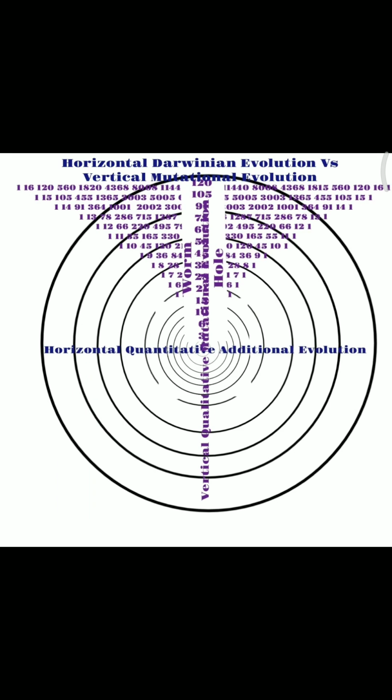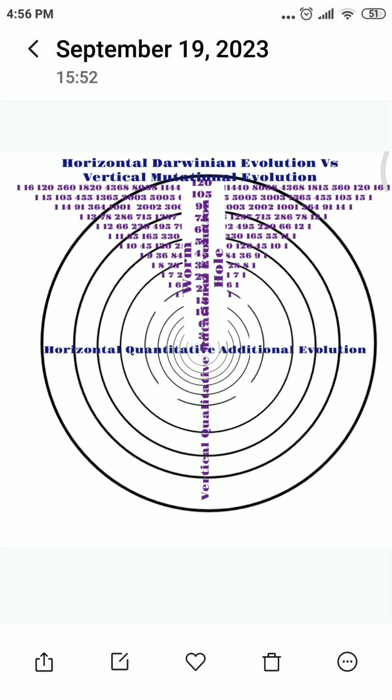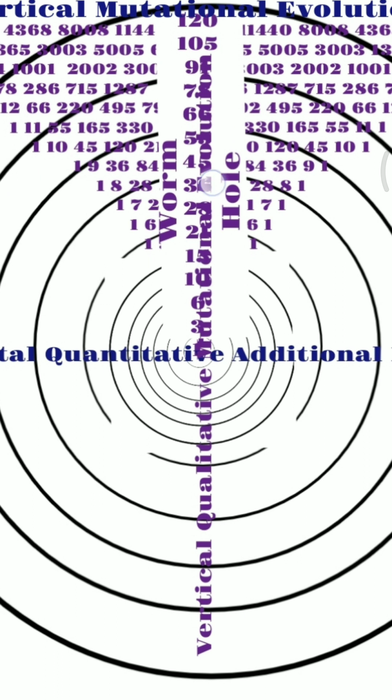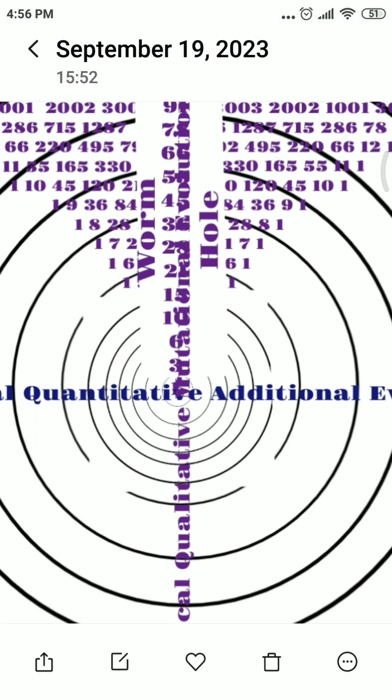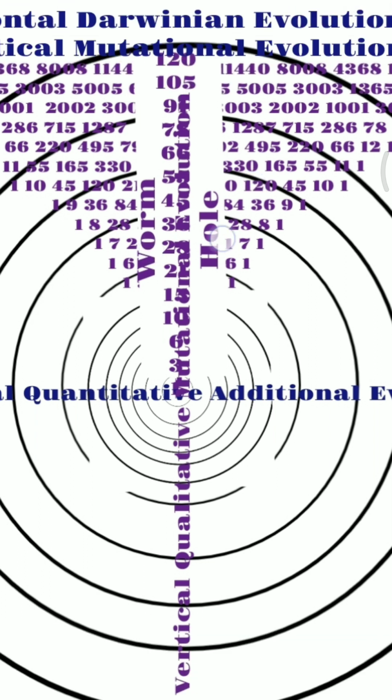The other way is, of course, following this ladder, the ascension ladder, the spiral staircase, as we call it, the Pascal's triangle. That spiral staircase is kind of a wormhole.